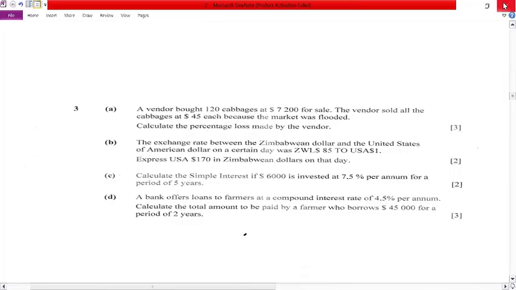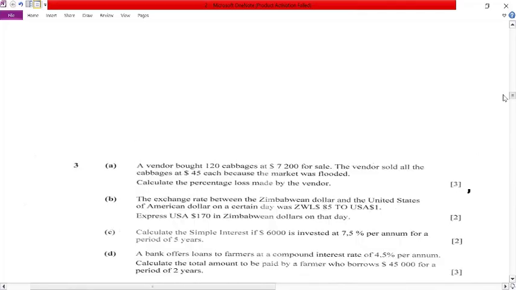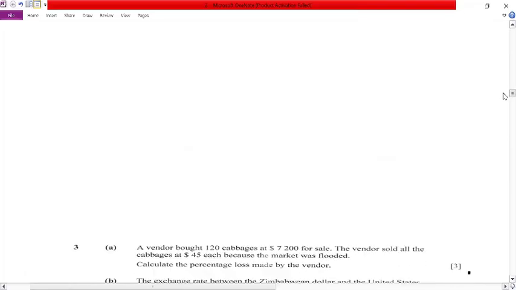On number 3, the question reads, a vendor bought 120 cabbages at 7,200 for sale. The vendor sold all the cabbages at $45 each because the market was flooded. Calculate the percentage loss made by the vendor. So for us to calculate the percentage loss made by the vendor, these are the steps that we take.